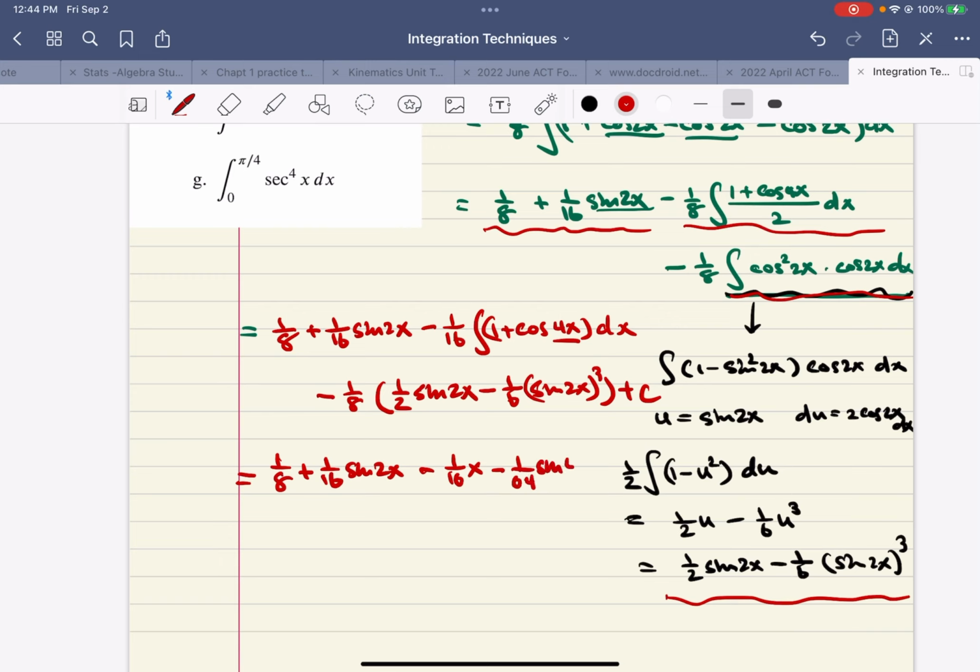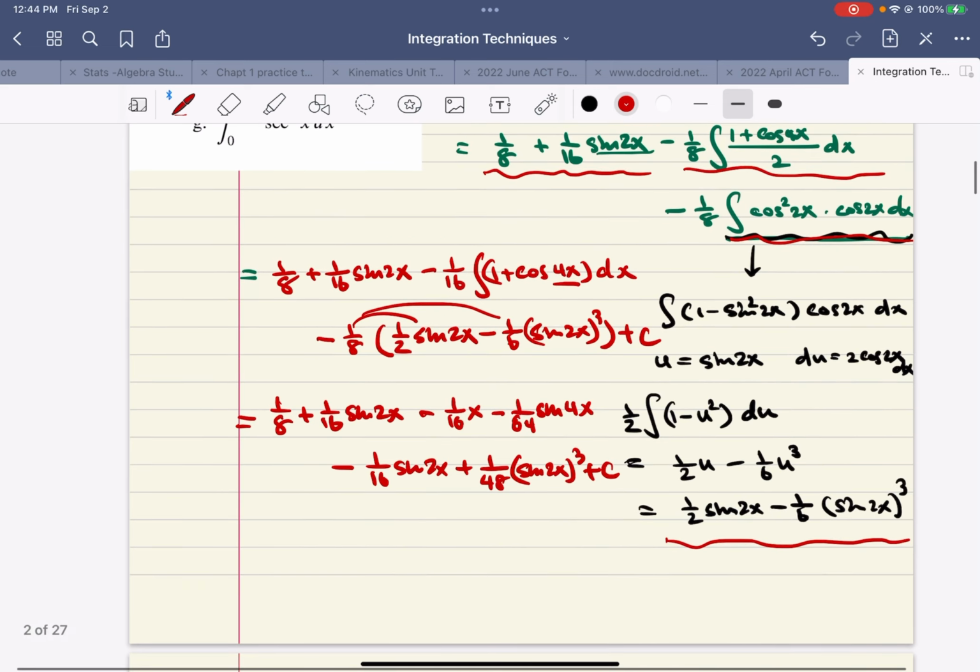And sine 4x. Okay? And minus, you distribute this one. Minus 1 over 16 sine 2x plus 1 over 48 sine 2x cubed plus c. Any like terms, yeah, those are like terms, so you cancel out.